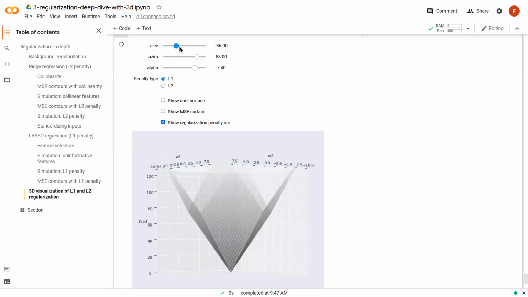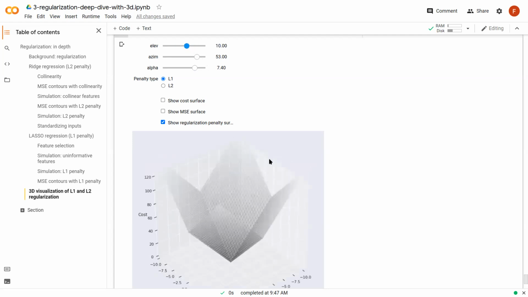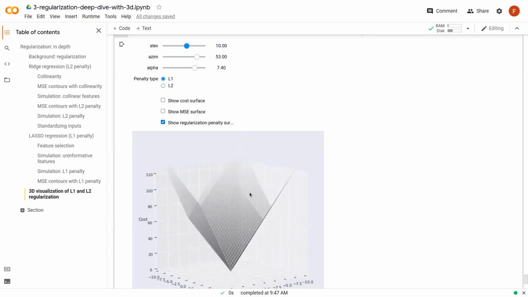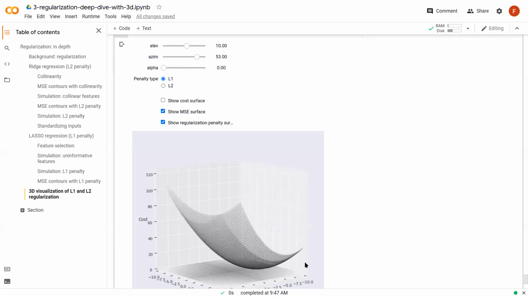So it essentially makes this weird little square shape, or pointy shape, because of that L1 norm. As I increase alpha, we start with just this mean squared error surface, and by increasing alpha with this L1 penalty term, I'm starting to add that penalty surface shown on the bottom. Those will be added together to produce this cost surface.